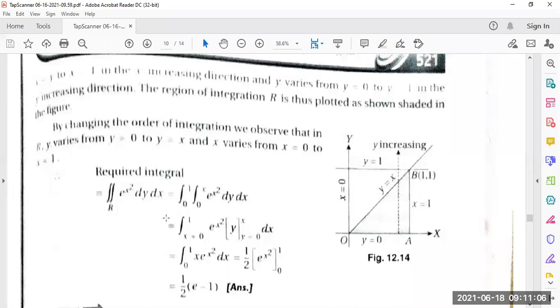So when we change the order of the integration, instead of dy it is dx. Then we have to take the limit of x. Here it was y equal to 0 to x. So here it is y equal to 0 to x when we do with respect to dy. Is it clear?